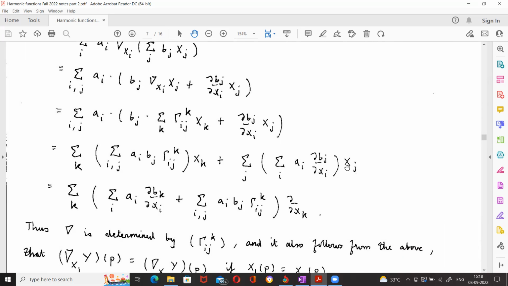So this j in the second sum I rename to k, and then this becomes a sum of Xk's times some coefficients. I put them together and I get this formula. Finally, I get that nabla_X Y is the sum over k, inside the sum over i of ai del bk/del xi plus the sum over i, j of ai bj Gamma_ij^k, the whole thing times del/del xk. Is this clear?